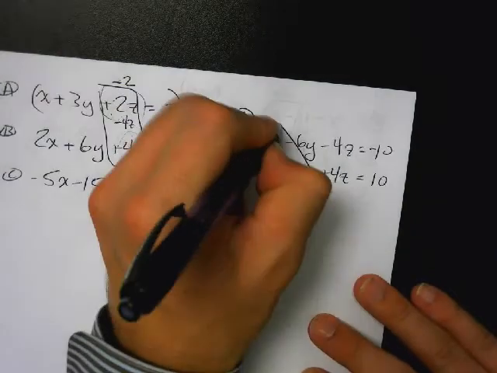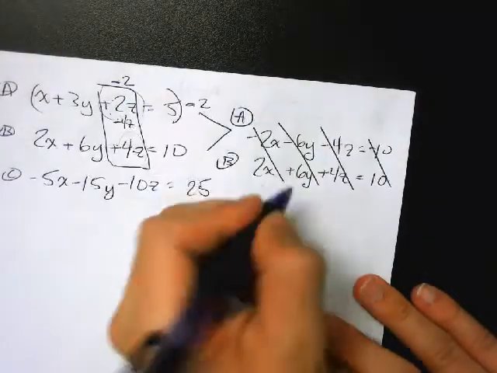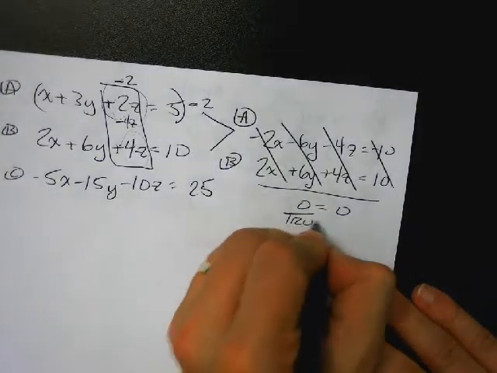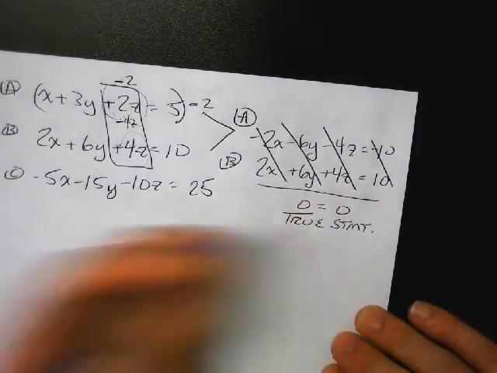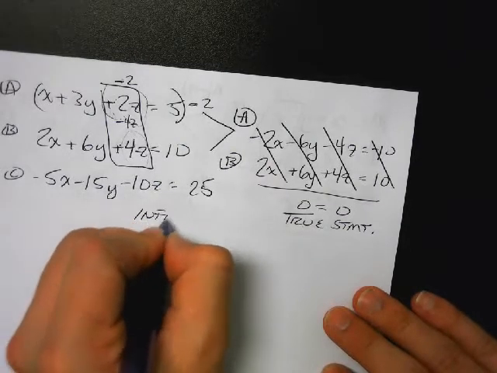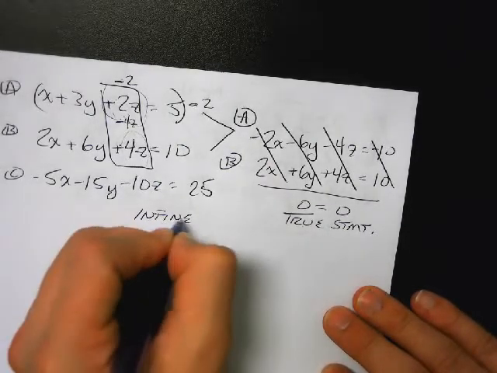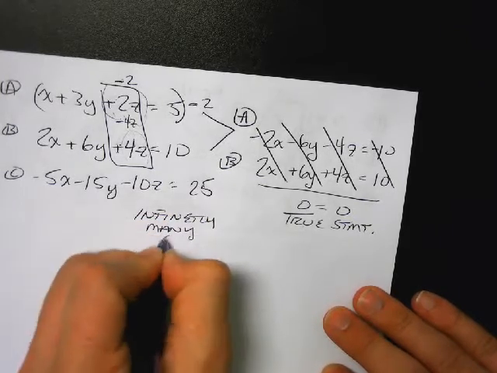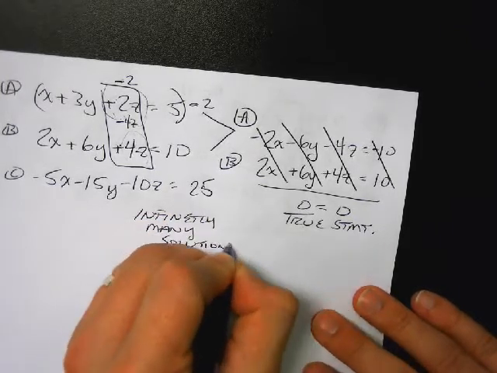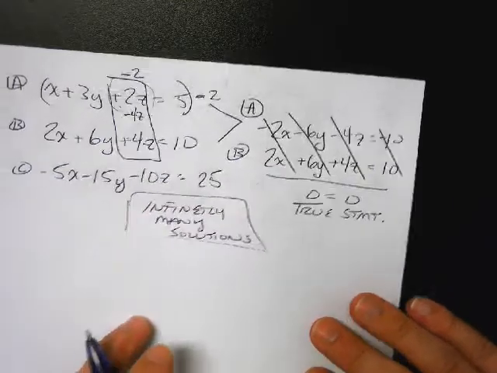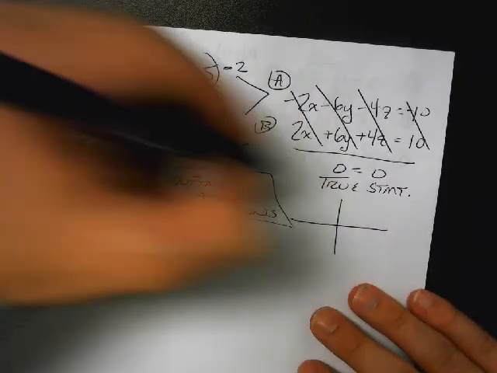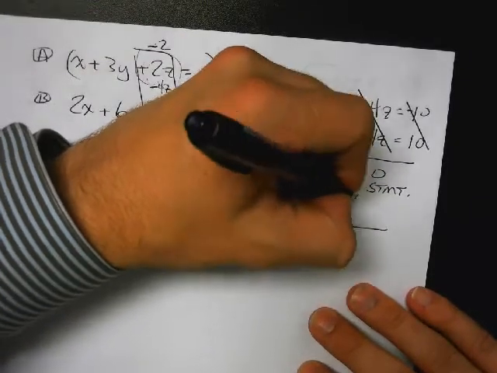That goes to 0, that goes to 0, that goes to 0, that goes to 0. So 0 equals 0. This is a true statement, which means we have infinitely many solutions. So in other words, when you are making your system, you drew your line.